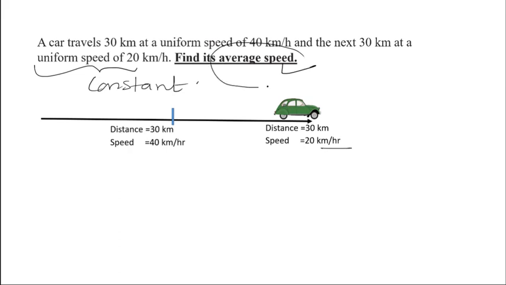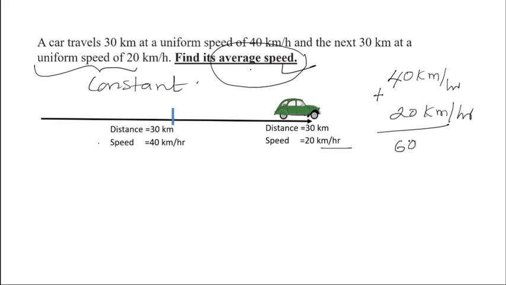The moment we read this average speed, we tend to make a great mistake here, because since the speed is given, what we tend to do is one is 40 km per hour, another is 20 km per hour, and immediately we try to sum up, so it becomes 60 km per hour, and the average of these two, 60 divided by 2, will be 30 km per hour.